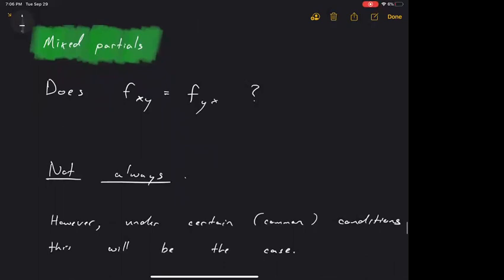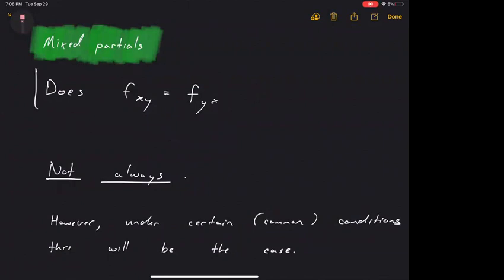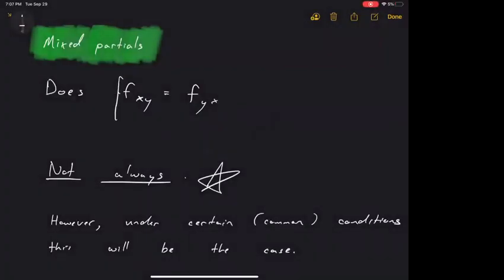What I mean is, is f sub xy the same thing as f sub yx? The answer is not always. And this is an important distinction. I would be doing you a disservice if I let you go forward thinking that this is always true.